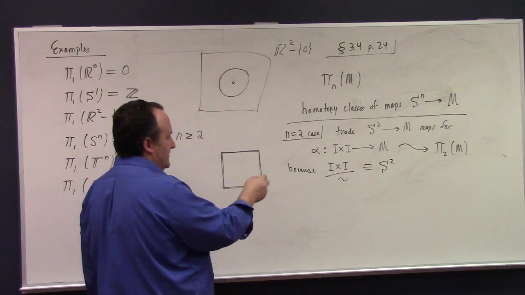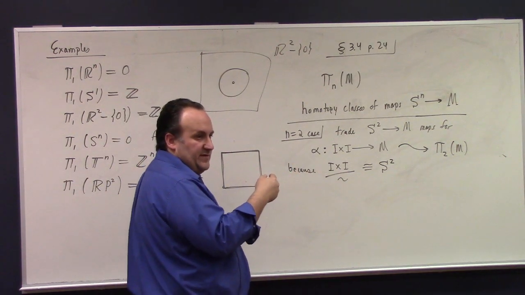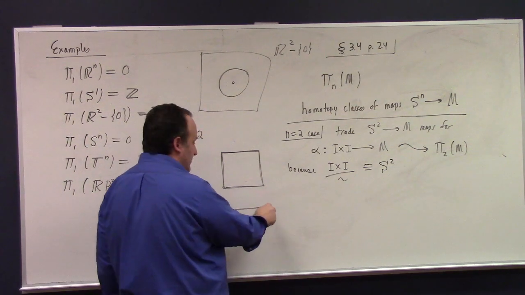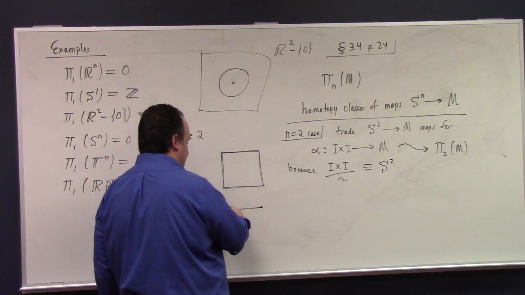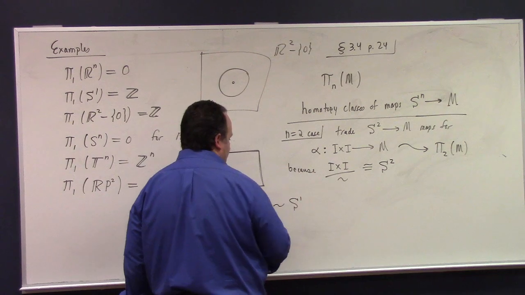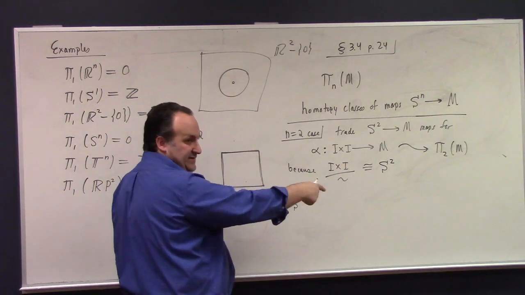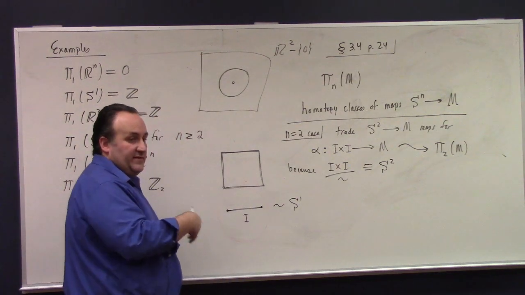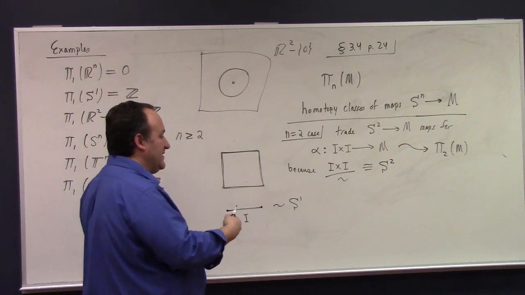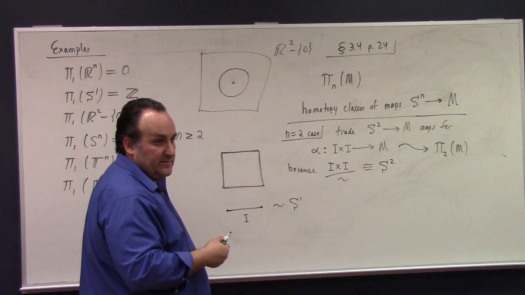Because the same thing is really being done for pi 1. If we glue the boundary of the interval to itself, what do we get? S1, right? So we've looked at maps from the unit interval into the space to understand the fundamental group pi 1. But that would be equivalent to directly studying maps from the circle into the space, right?